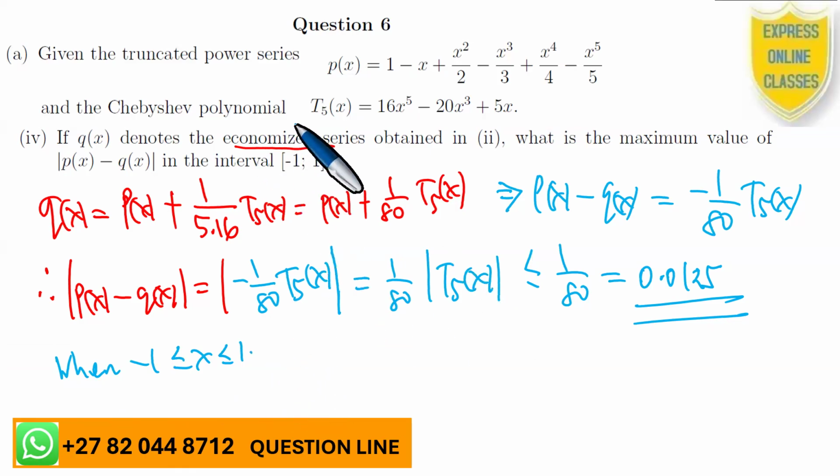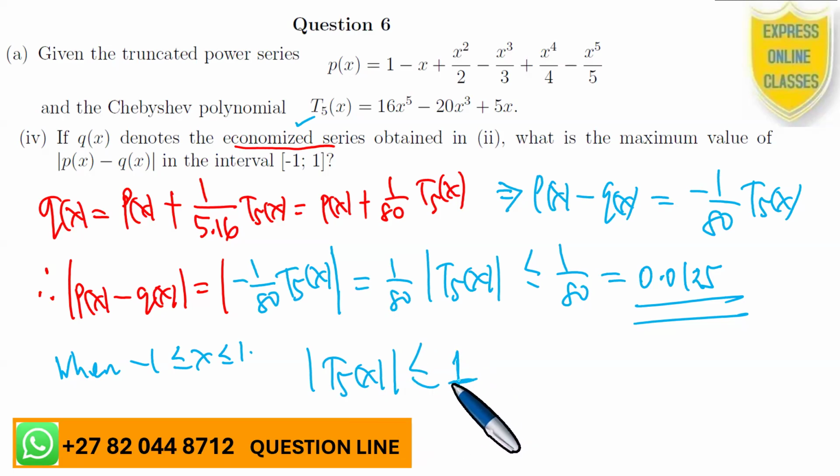Okay, so this truncated power series would have been economized, but we're asking the question, what is it? Because we know the maximum value of T5 of x, as we've already seen, is 1. So it has an upper bound of 1.